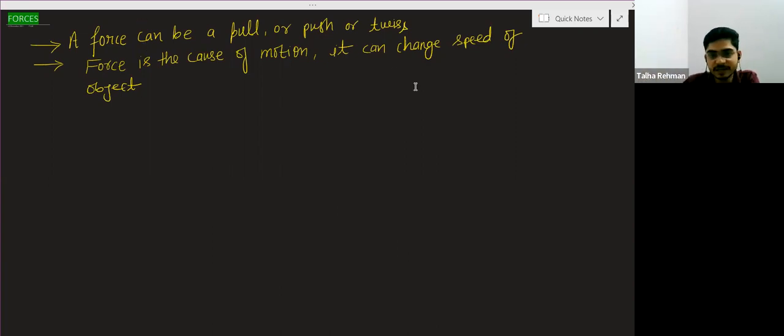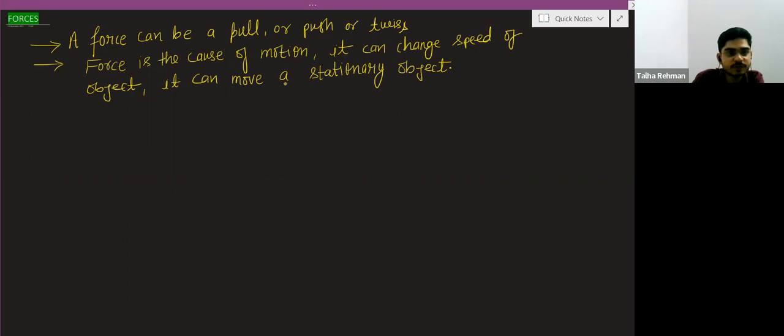So basically, force can change the speed of an object, and it can move a stationary object.